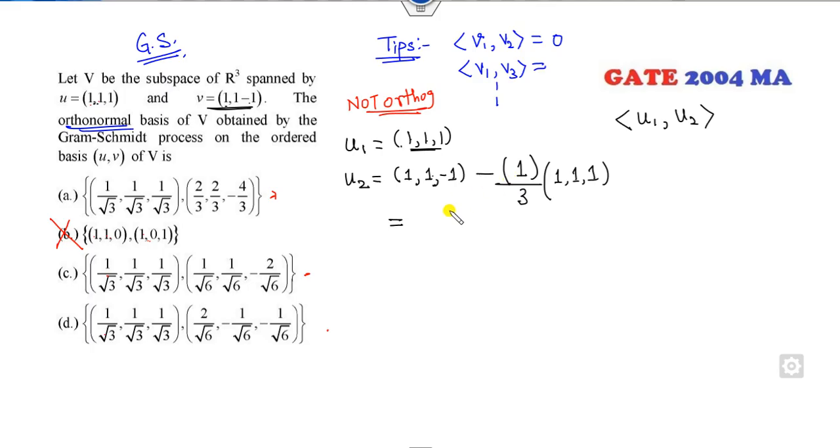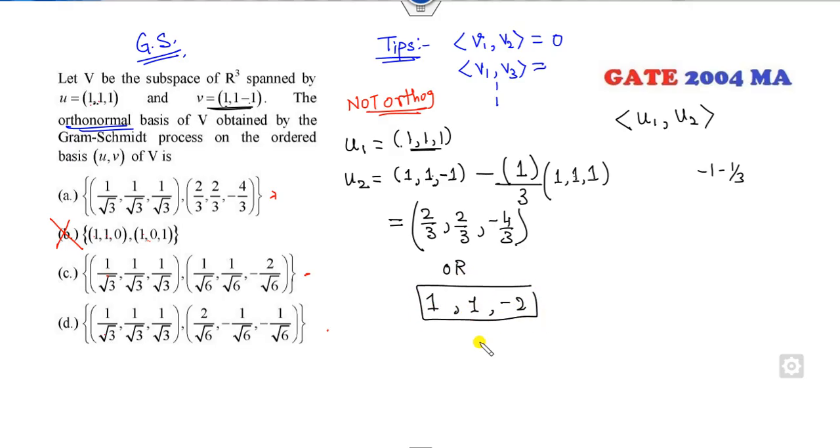It's 1 minus 1 over 3, which is 2 over 3; 1 minus 1 over 3, again 2 over 3; minus 1 minus 1 over 3, which is minus 4 over 3. Now check the option which contains 2, 2, minus 4, or you can say 1, 1, minus 2. So you can see 2, 2, minus 4, that's fine. 1, 1, minus 2, fine.